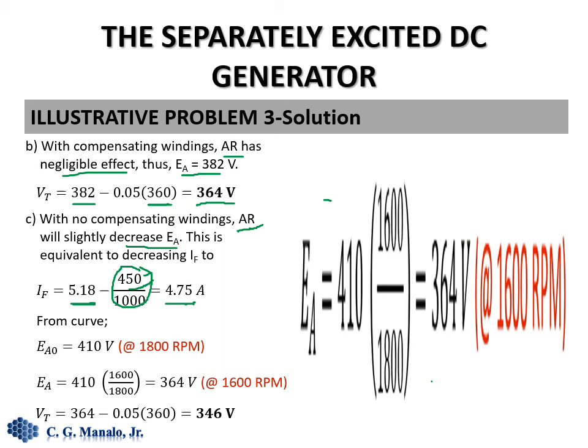However, that is again for 1800, so we normalize for 1600 and we get 364 volts. Then from our KVL equations, we could recompute the terminal voltage and we will get 346 volts. Take note, this is lower than what we have in letter B, because in C we already have an armature reaction.